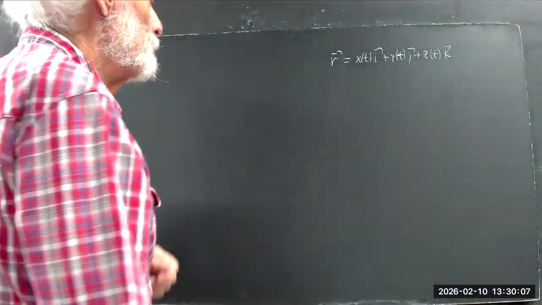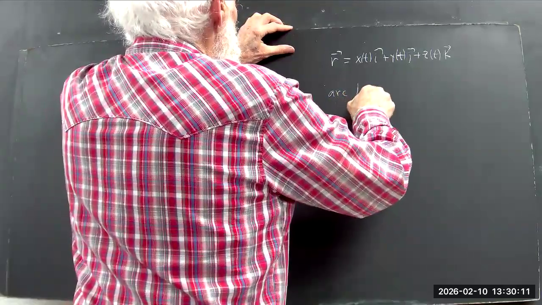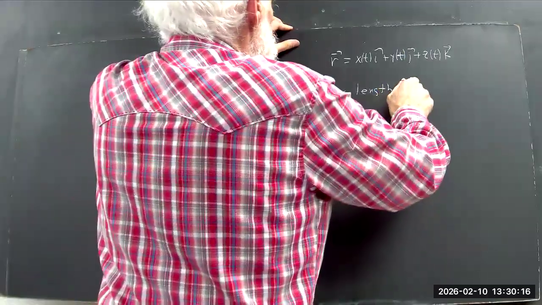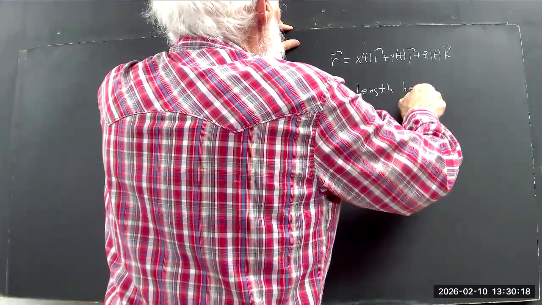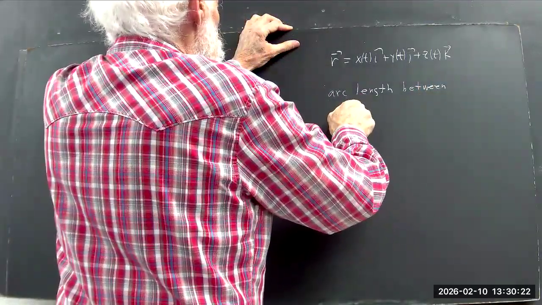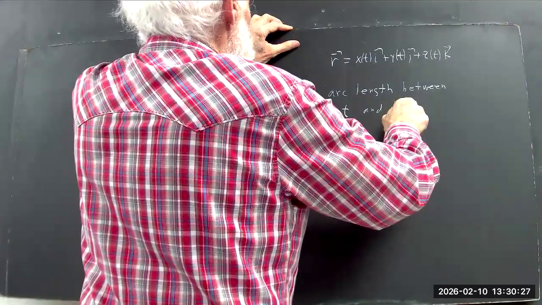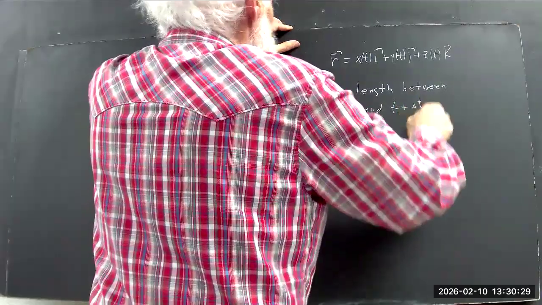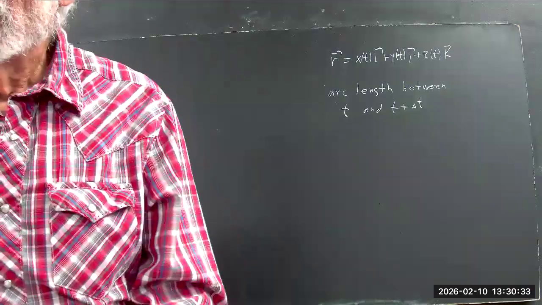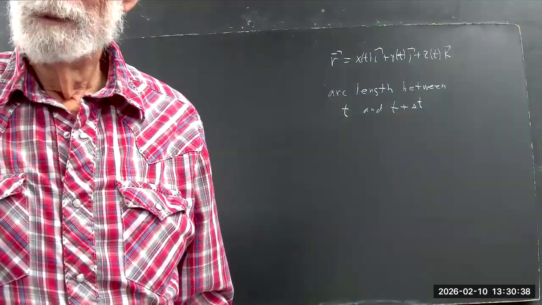Okay. I'm just going to talk about the arc length first on a time interval, some interval between t and t plus delta t. Okay.